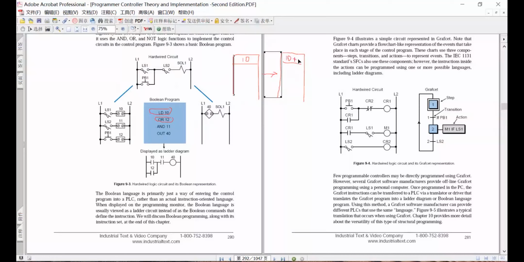The plus means OR, and the multiply means AND. So in the ladder we can see load 10 or 12.